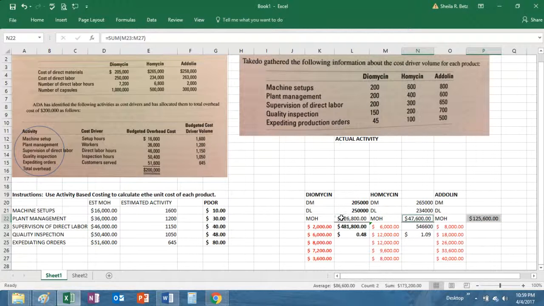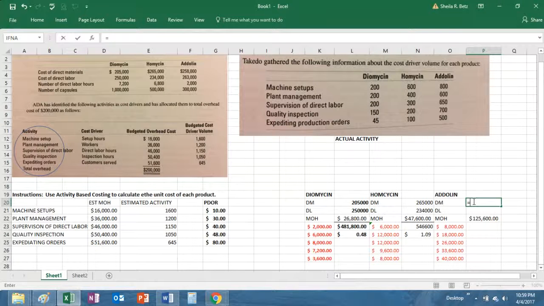If I would sum up all three of these numbers, if you see down here in the total of my Excel, I have 200,000, which should be the correct number because the original amount of overhead we were trying to divide up is 200,000.